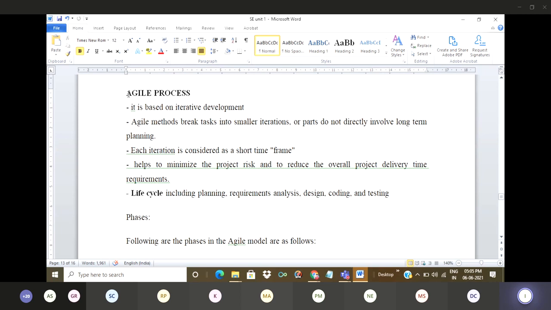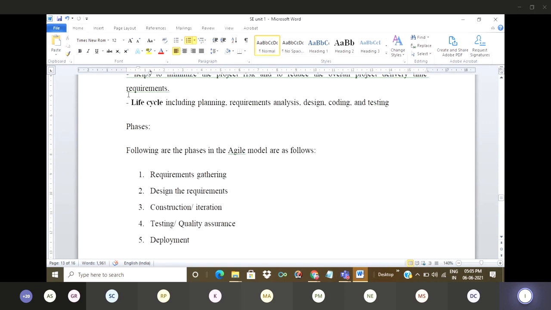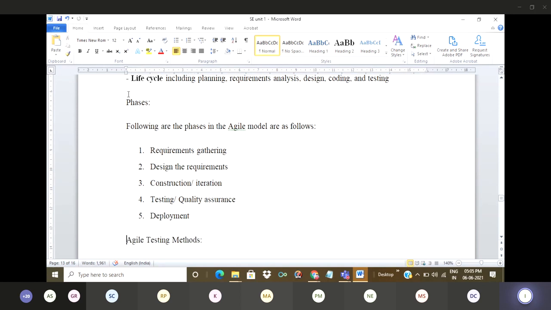Agile has a life cycle which includes planning, requirement analysis, designing, coding, and testing. These are the life cycle of the Agile process. We have certain phases in Agile: first, requirement gathering; second, design the requirements; third, construction and iteration; fourth, testing and quality assurance; fifth, deployment.